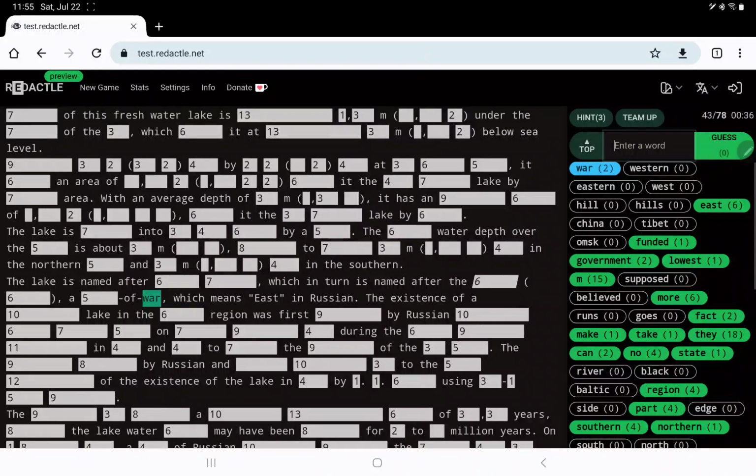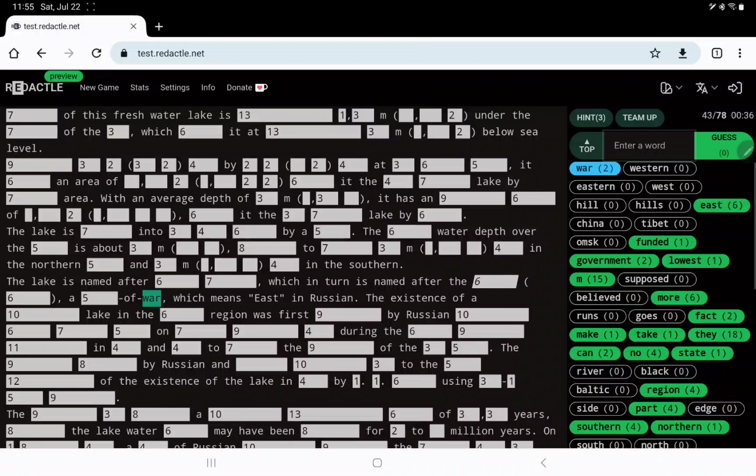All right, so I looked up the Russian word for East, and in Cyrillic it is Boctok, which the C is an S, right? So Bostock definitely rings a bell. I've definitely heard of Bostock.